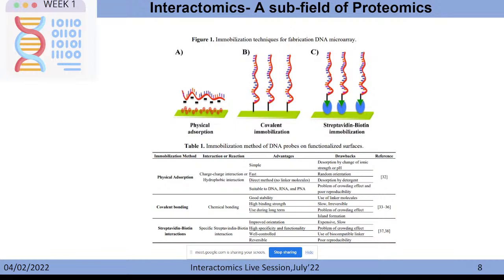Now to identify the interactions, this again started with the DNA microarray. There was a subtle difference between the DNA microarray and the protein microarray. Why is that? Because proteins are quite dynamic and have a huge structure.